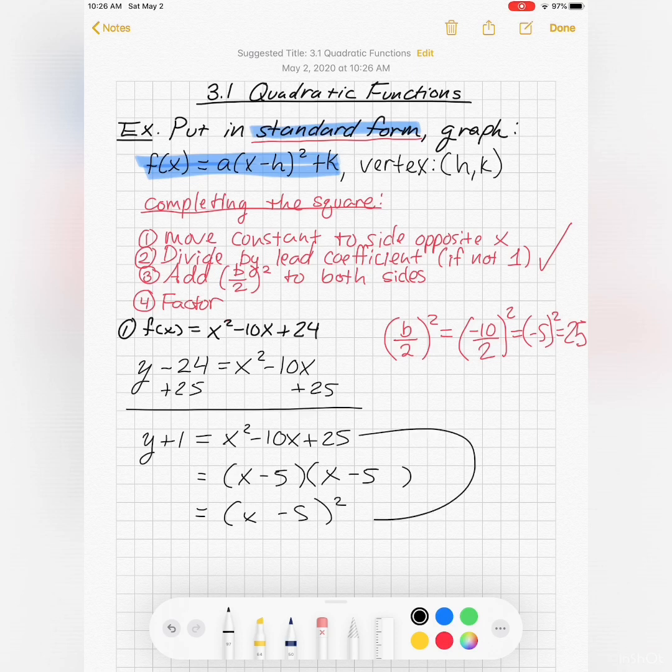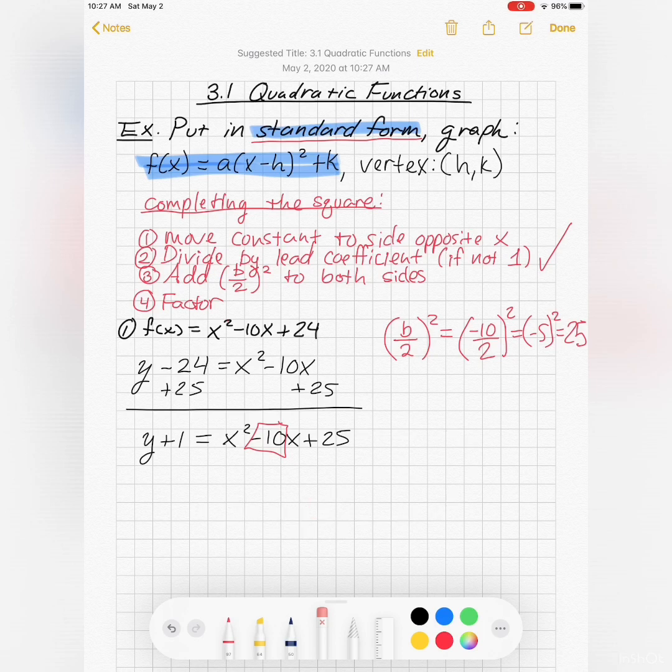So actually, I could really skip that middle step, and I could say, well, look, the number in here, if I double it, it has to make the b, right? So actually, I could tell you immediately, if I'm factoring something like this, since I know this is a perfect square, the number in here has to be half of this number.